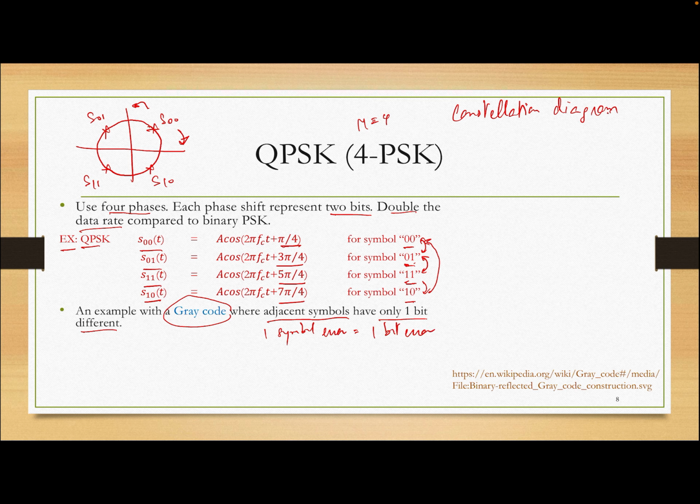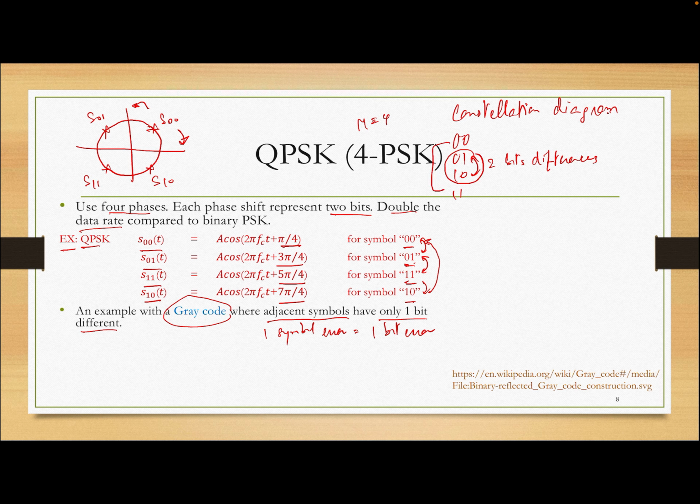But if I don't do this, if I have 00, 01, 10, 11 in the binary case, this is a 2-bit difference. So if something goes wrong, one symbol error will cause a 2-bit difference.